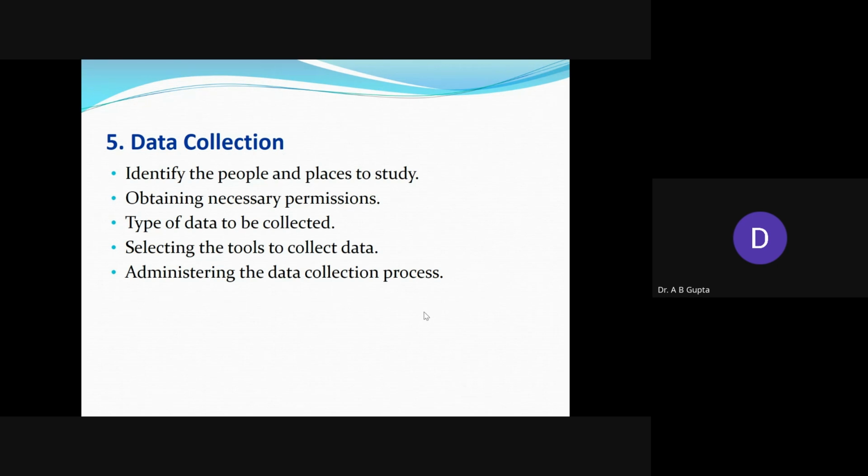You must have clarity on which type of data you want to collect. Is it numerical data or non-numerical data? Based on that, you will select the tool to collect the data. If it is quantitative data, your tools will be different. If it is qualitative data which you are planning to collect, then your tools will be different.